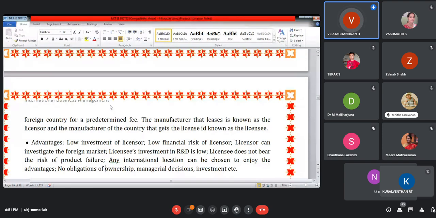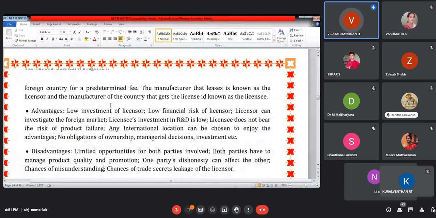So what are the advantages? Low investment, so there's no establishment of any entity, any organization, any business in another country, and a low financial risk is there, and the licensor can investigate the foreign market, and the licensee's investment in R&D is low, so the research and development cost will be low, and the licensee does not bear the risk of product failure.